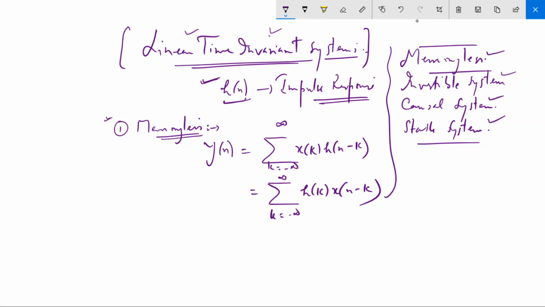Okay. Now if the system is to be memoryless, it means the output y at any time n should depend upon input at that time only.